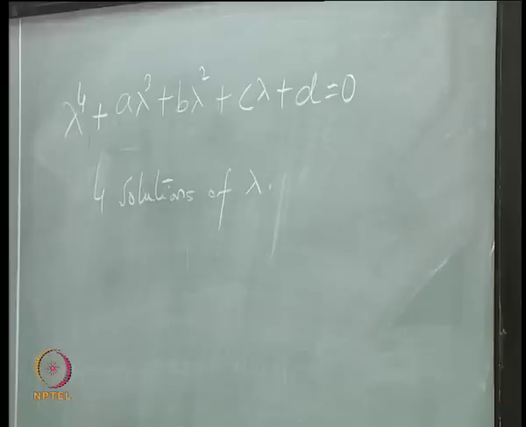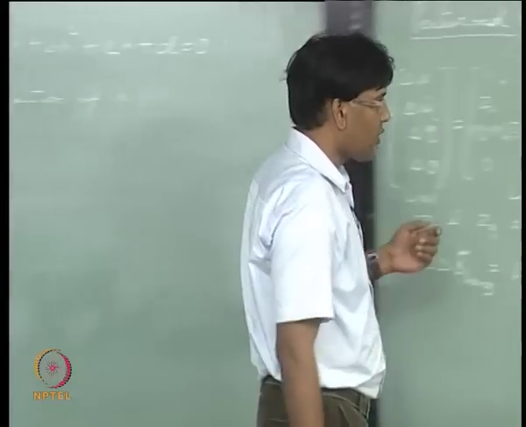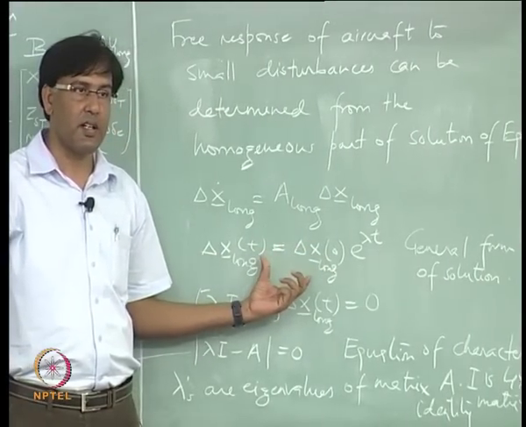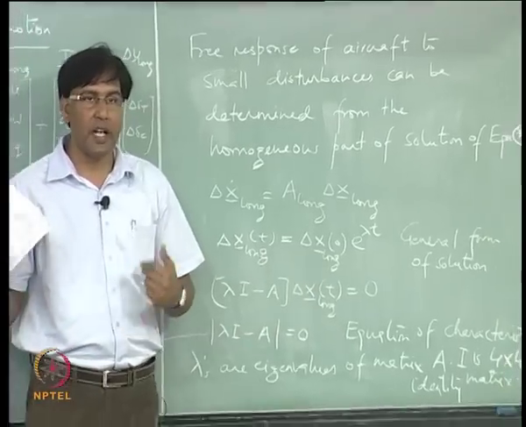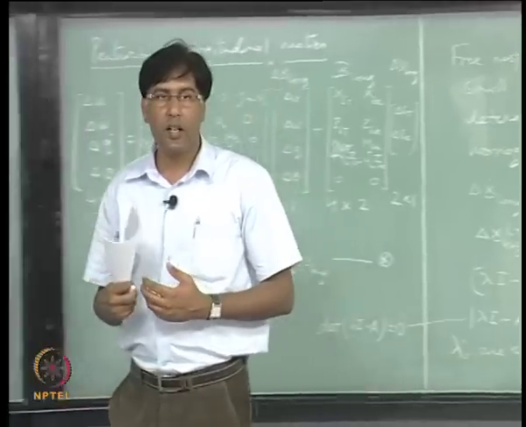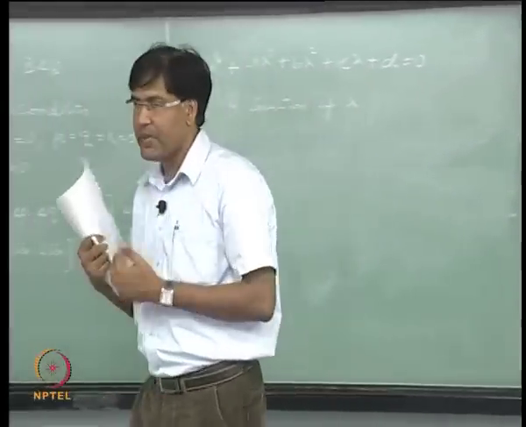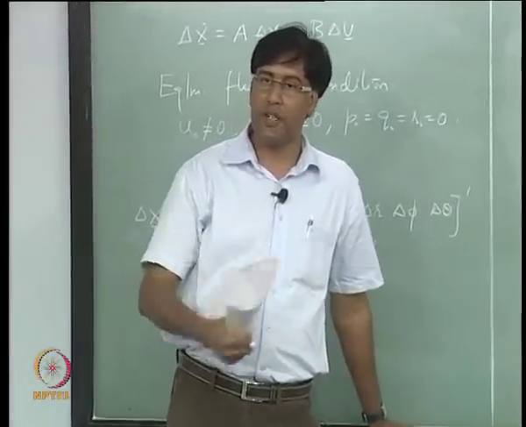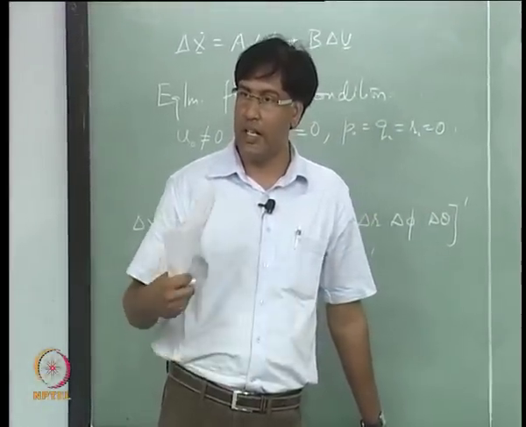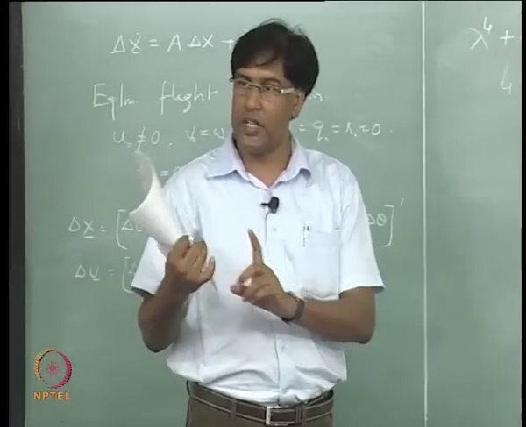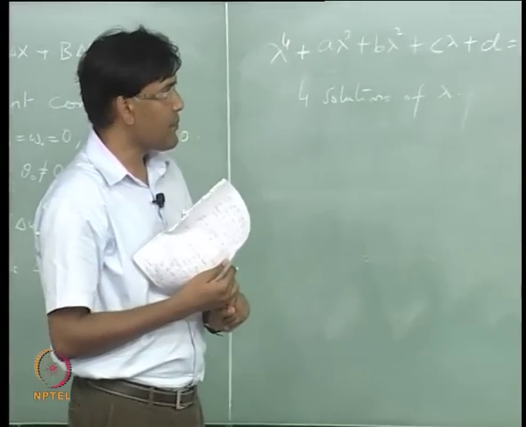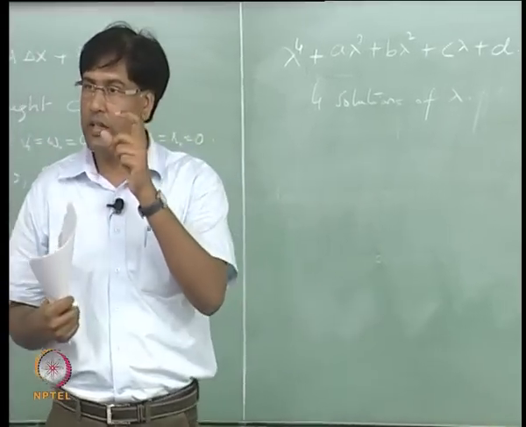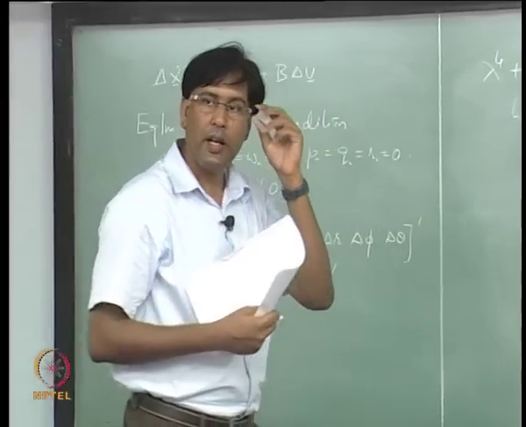So lambdas are going to define the perturbed dynamics and they are functions of aircraft parameters. If I can arrive at simple functions where I can see which parameter of aircraft is affecting which eigenvalue, then I will understand which parameter is going to play a role in which dynamics, right.